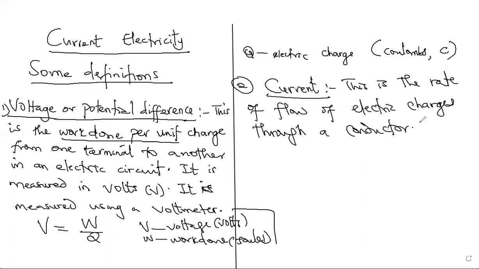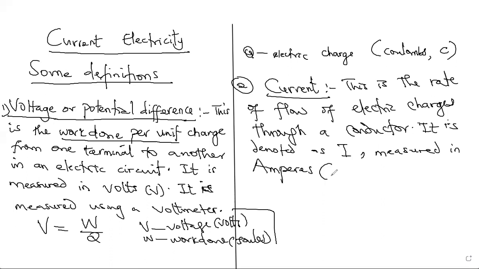It is denoted as big I, measured in amperes, with capital letter A. The instrument for measuring current is the ammeter.